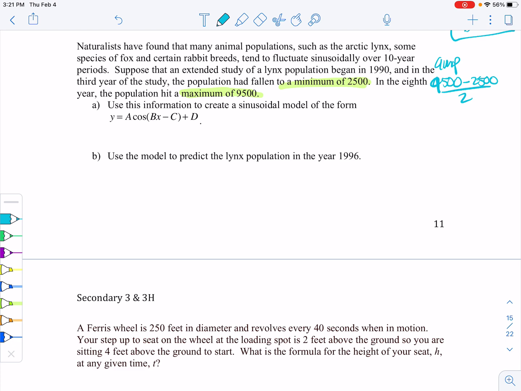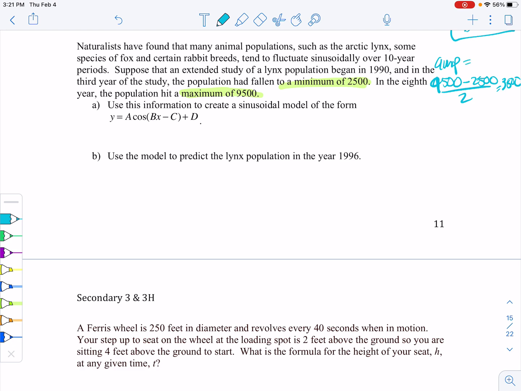Okay. So that gives us 3,500. Okay. So now that we have that information, that means that we can find our midline.